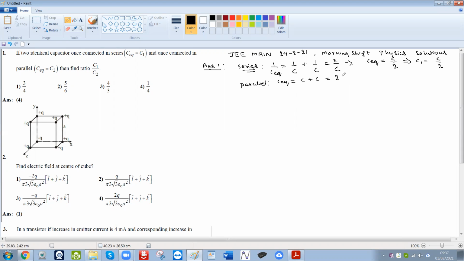It becomes 2C. Therefore, effective capacitance in parallel will be 2C. We have to determine C1 by C2, which comes out to be 1 by 4, and hence the correct option is 4th.